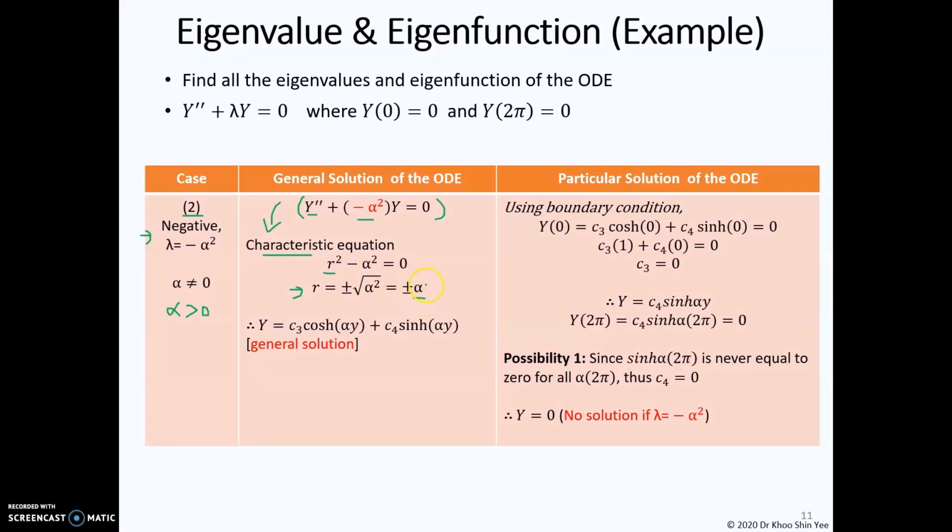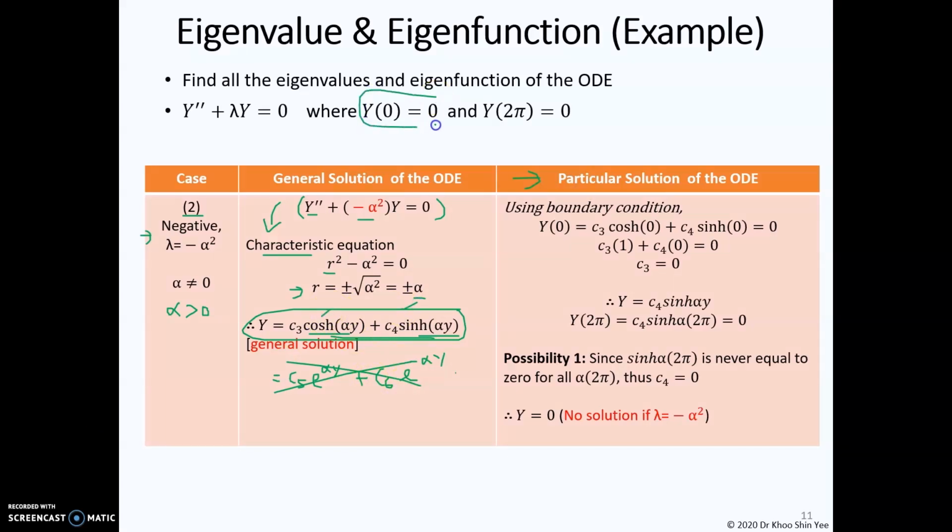Since the root is a real number, we can obtain the first solution and second solution in the hyperbolic sine and cos format. You should have learned how to convert this exponential format to the hyperbolic sine and cos format here. Hyperbolic cos and sine format here is more useful to find the particular solution instead of the exponential format. Therefore, we just focus on this.